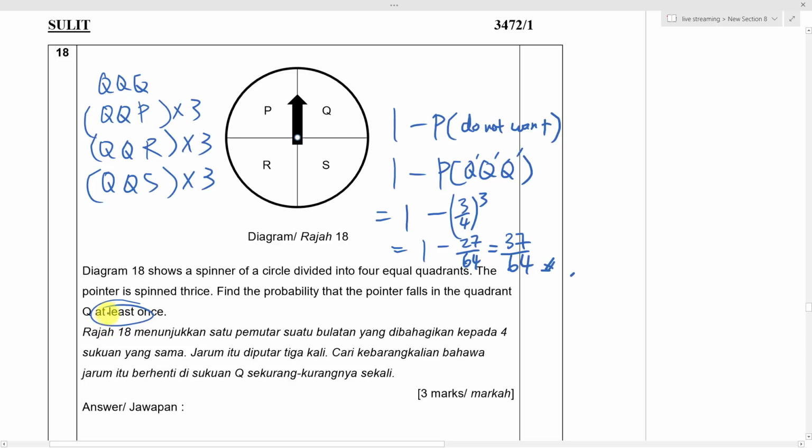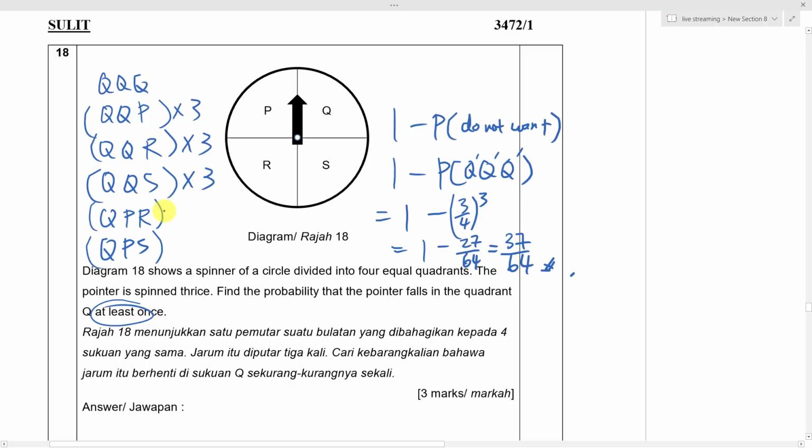Then you still need to do QPR and QPS, and those 3 can swap, so that one is multiplied by 6.